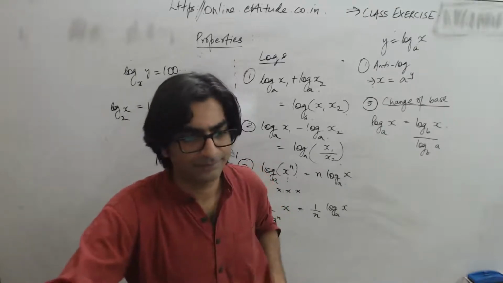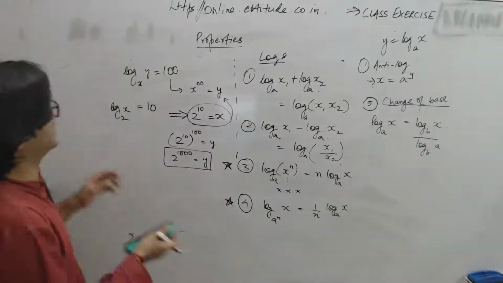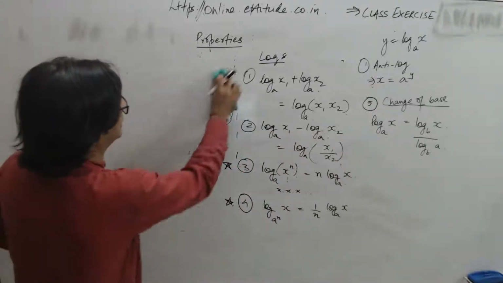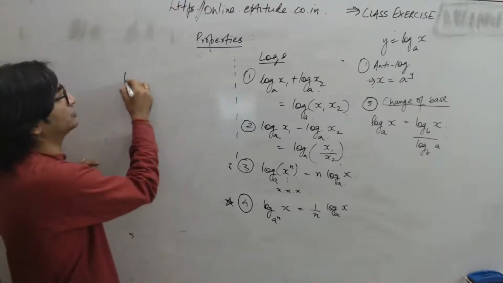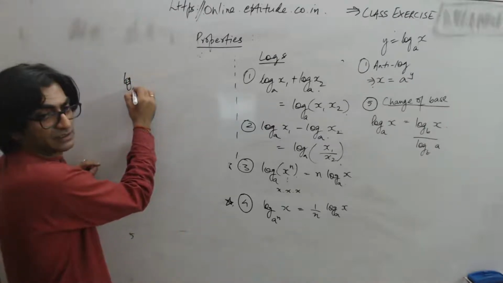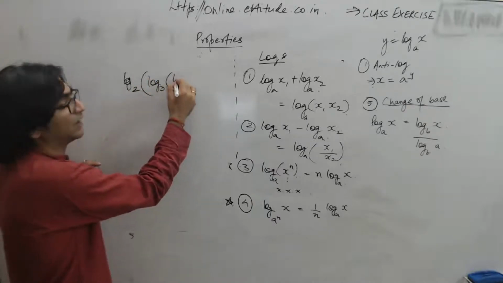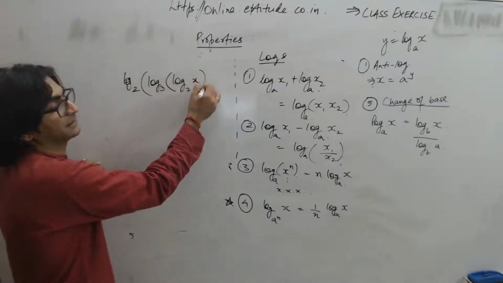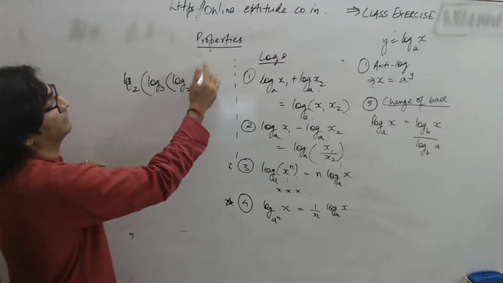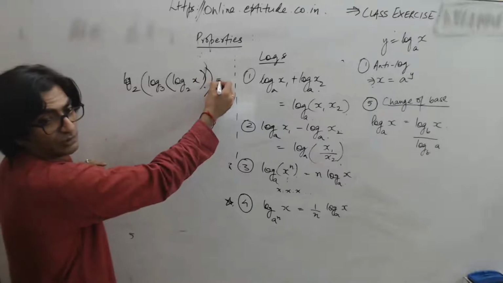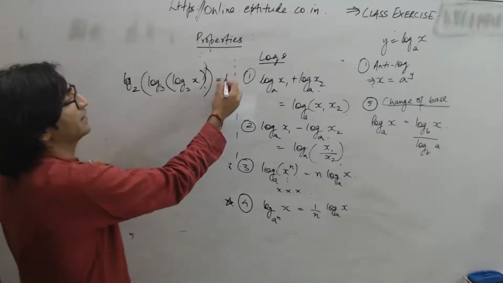All right. What is the value of x? It's a question that's entirely dependent on your ability to take an antilog. So here's how you read this question: log in the base 2 of another log in the base 3 of another log in the base 2 of x. This is given to me as equal to 1.